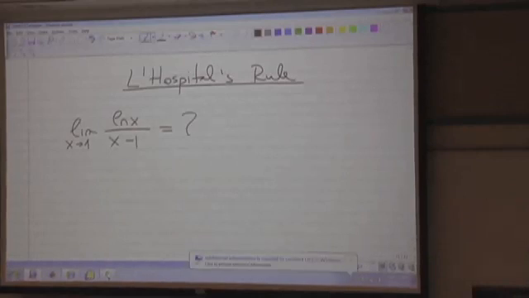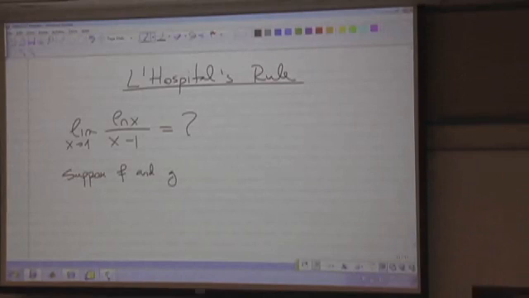So here's the idea. Suppose f and g are differentiable and g prime of x is not equal to 0 near a.